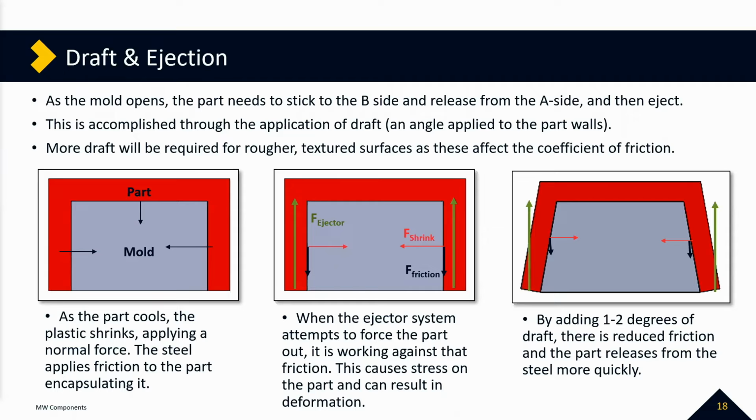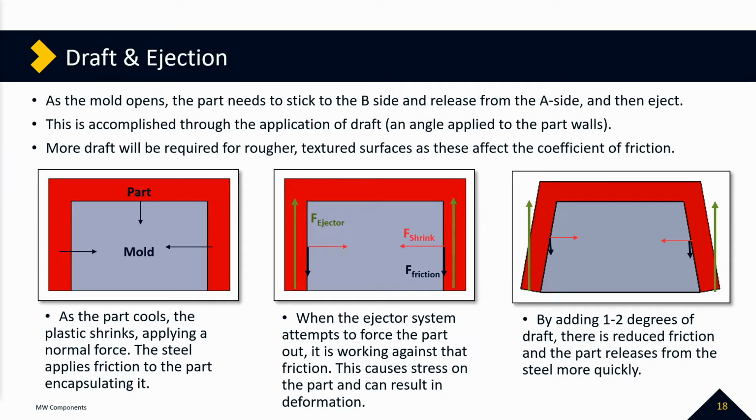So when the ejector system attempts to force the part out, it's working against that friction. This causes stress on the part and can result in deformation. The other thing about that is that the friction is working against the ejector system the entire time the part is being pushed off from that core.